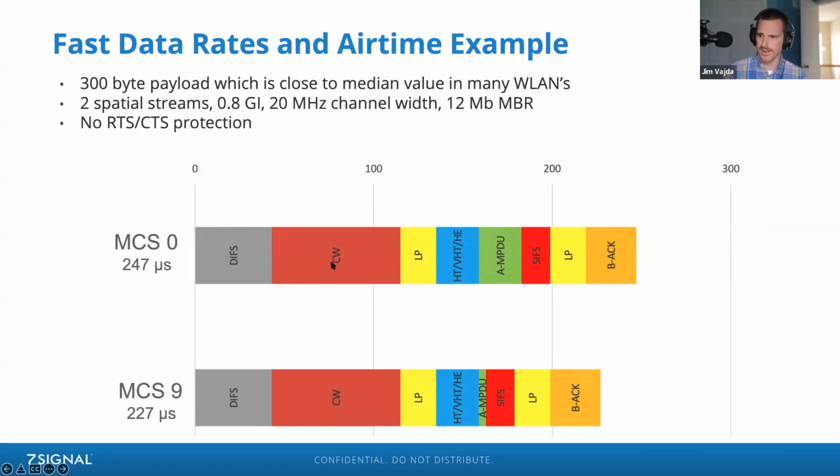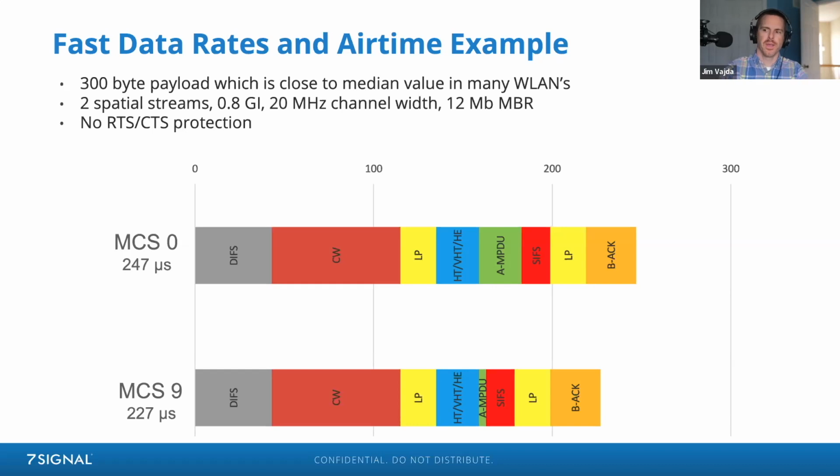That's just dead air where we're winning channel access. Then we've got the legacy preamble, and then the PHY header, and then the AMPDU. And the AMPDU is actually the only part of this whole process that benefits from that higher data rate. That's the part that actually shrinks a little bit in the airtime consumption when we go to MCS 9.